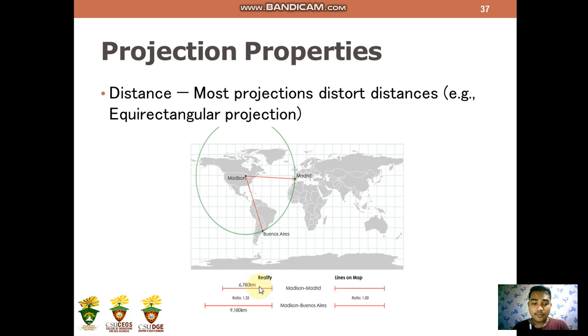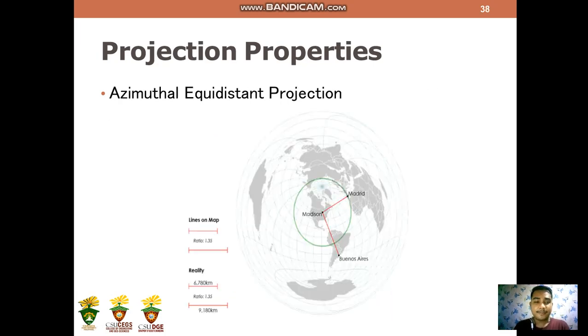While the Madison to Buenos Aires, naa siya'y 9.18 kilometers. But on the map, labi na sa equirectangular projection, same na lang sila og distance. So, na-distort na siya.